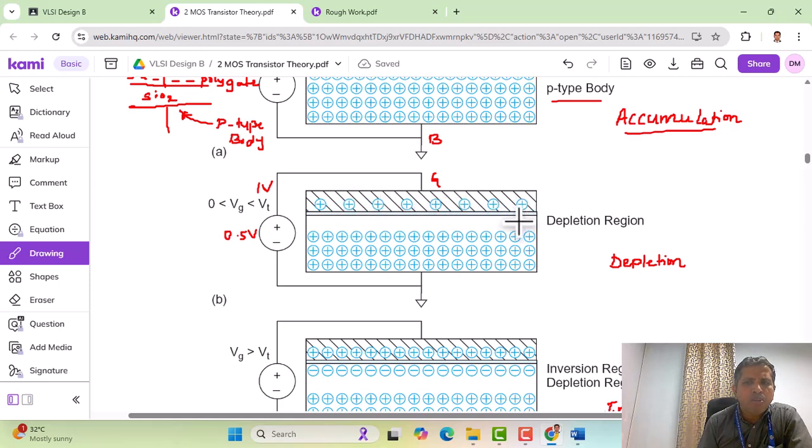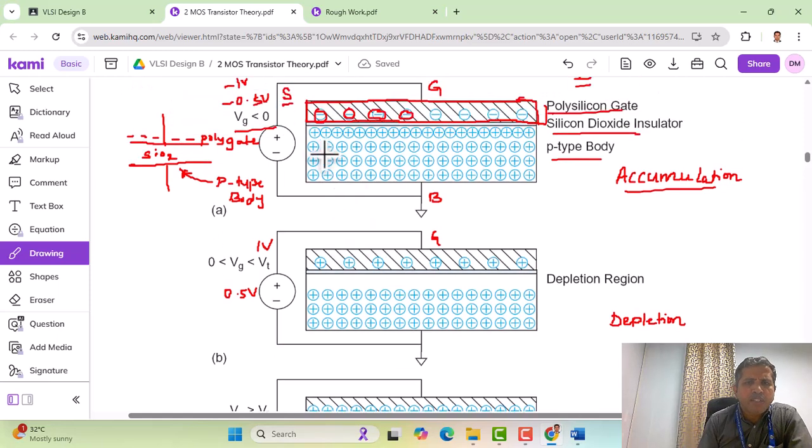And observe what happened below the silicon dioxide because of the capacitance effect. Earlier we saw that positive charges were accumulated below the silicon dioxide because the upper plate was supplied with negative charges, but in the second mode, which is the depletion mode shown here, positive charges have been given to the polysilicon gate, and therefore below we see repulsion, because the positive charges in the upper plate repel all the positive charges below the silicon dioxide, and therefore we see a depleted region here.